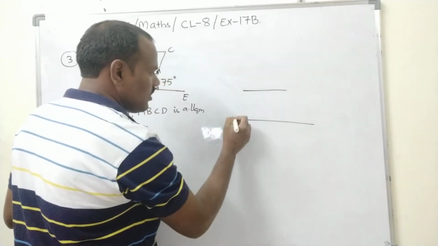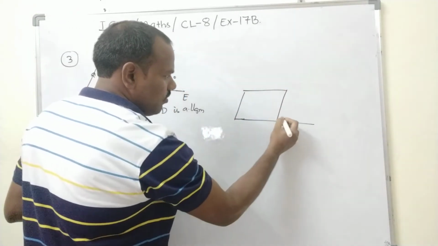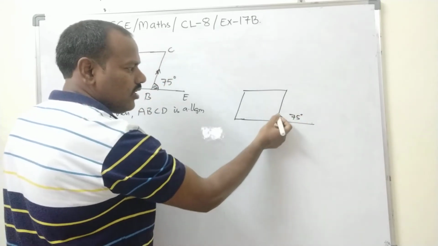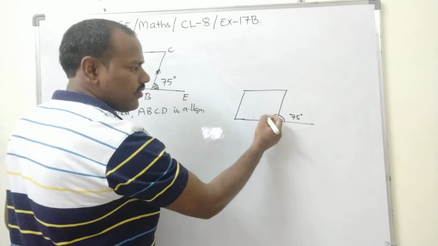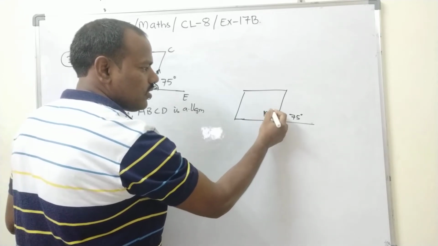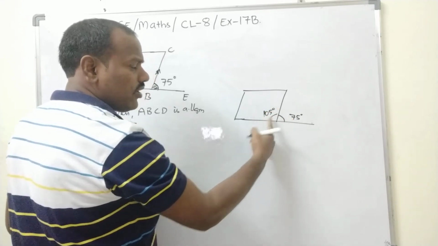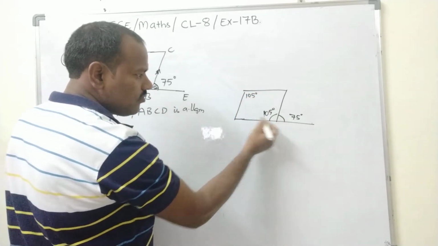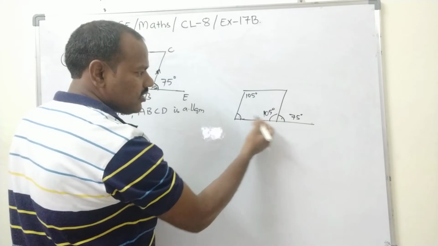Quickly let us practice actually. So when you have a parallelogram like this, I told you while you are practicing you have to practice this way. 75. So this will be 180 minus 75 equal to 105. Yes or no? 105 plus 75, 180. Linear pair. This is also 105. And these two are corresponding angles, which you learned in lower classes.